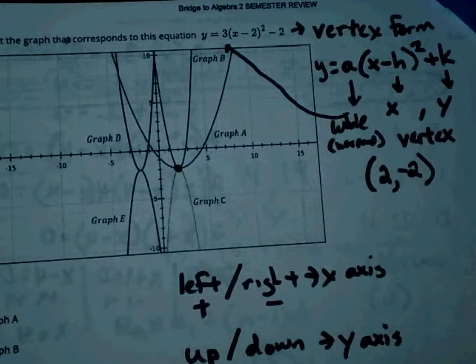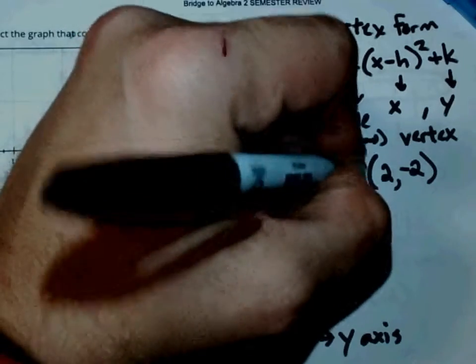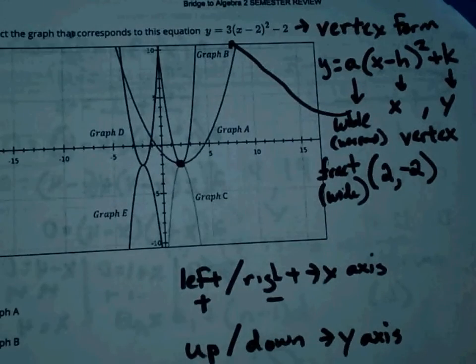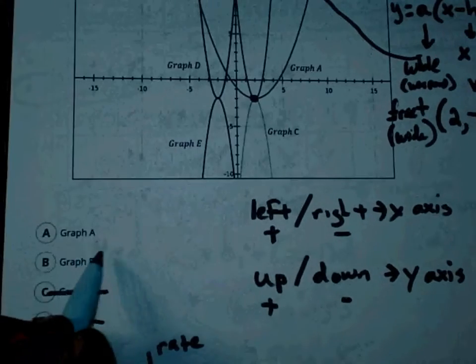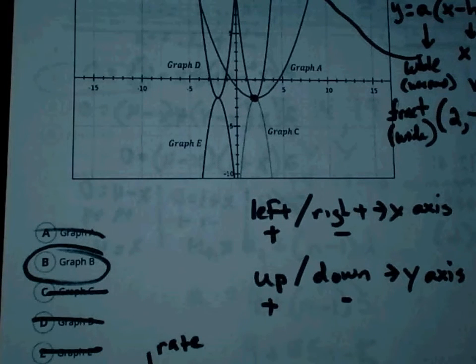That flips it up or down. Or 0. Not 0, because that would make it not a quadratic. What's different than a whole number? A fraction. A fraction. Very good. So if something's a fraction or a decimal, it's going to make it wide. Okay? And so, with that understanding, our answer is B. Okay?